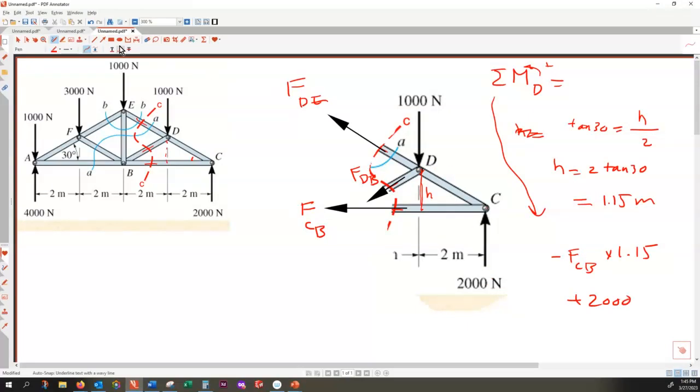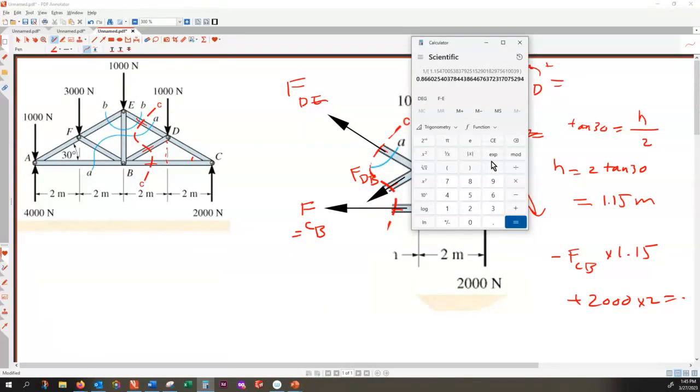But the arm of rotation, I have to find the line of action here. And the shortest distance between here and there, that is 2 meters. So that is 2000 times 2, positive. So from here, that is equal to 0. From here, I find out FCB is equal to 4000 divided by 1.15.